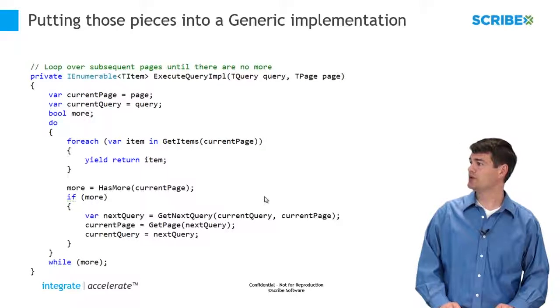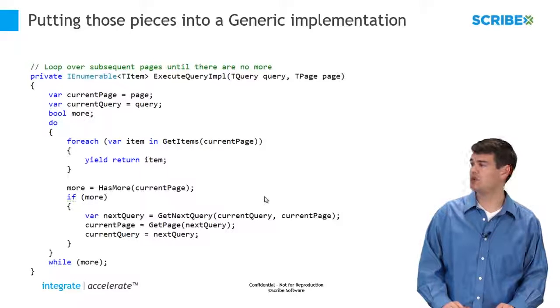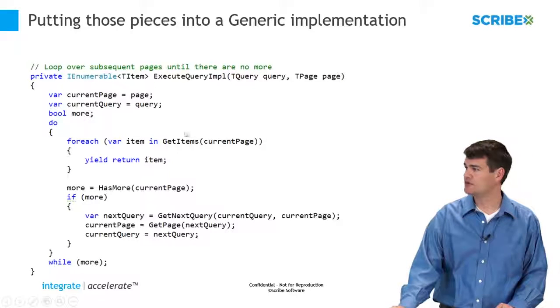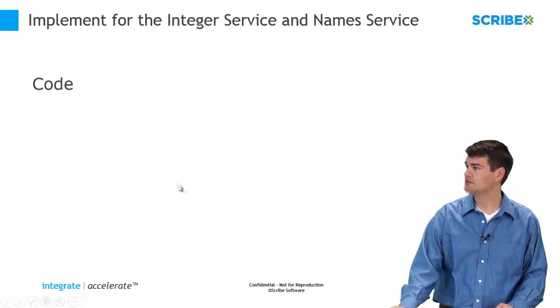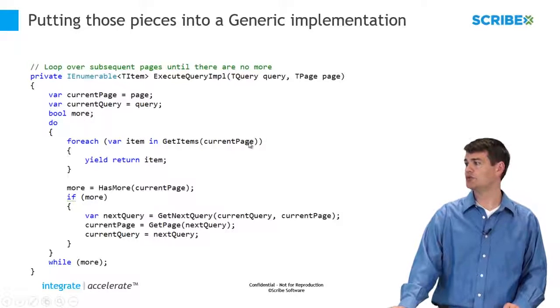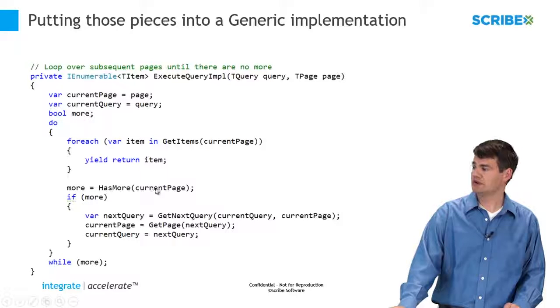Here we have the execute query implementation, and at the top we're keeping the current state of the page, the current query, and whether or not we have more. We then yield return the items that we've gotten from the current page. We use the getItems method with the current page to return the list of items, and then we yield those back. Then we use our HasMore function against the current page to tell if we have more.